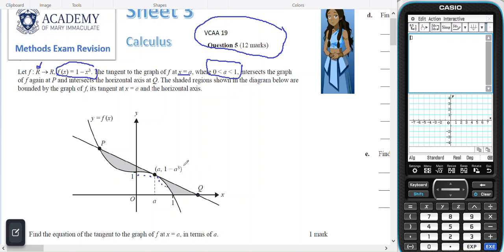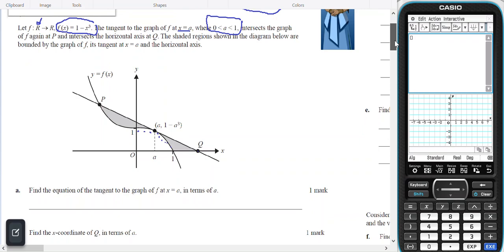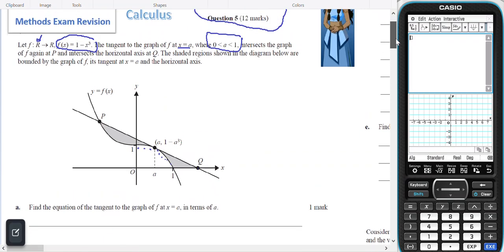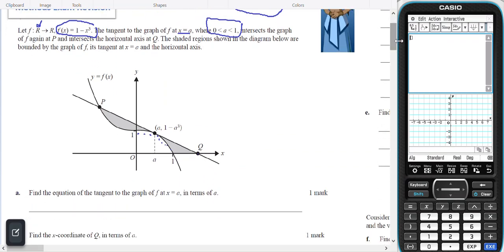The shaded region shown in the diagram below is bound by f, the tangent, and the horizontal axis. Find the equation of the tangent to the graph at x equals a in terms of a.